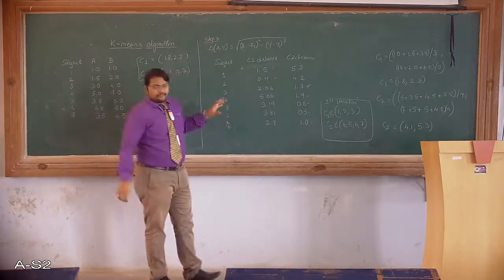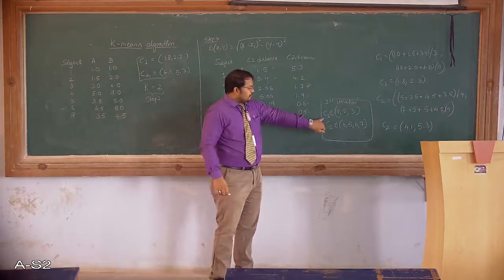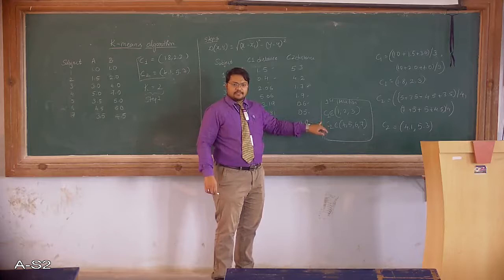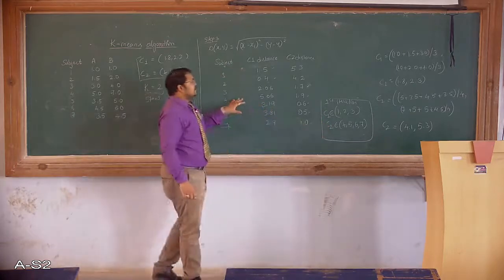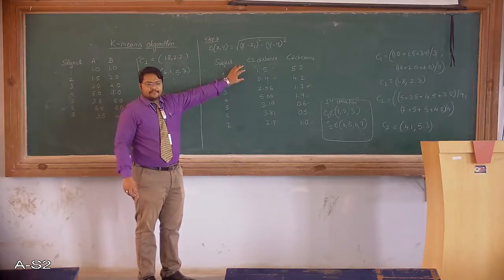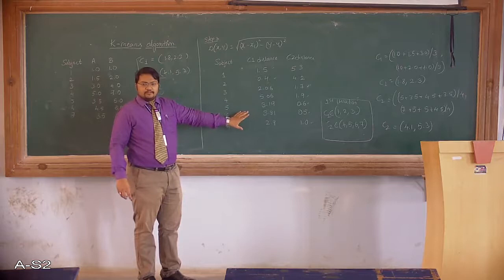Now here you can see, in the first iteration, the first 3 elements had fallen under the category of cluster 1. In the second iteration, it has changed. Only 2 elements have fallen into cluster 1 and the rest have fallen under cluster 2.